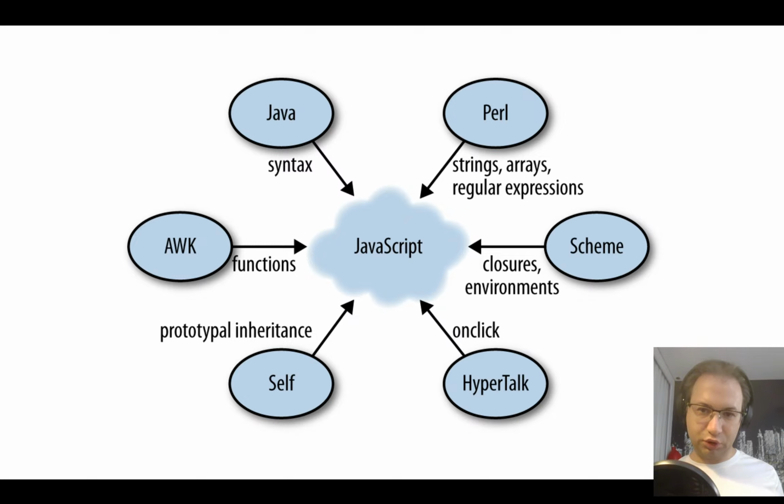Scheme is a functional language, very similar to Lisp, and the language took closures, which are lambdas, and some environments. Initially it was planned as a functional language, but then they saw that it's not a very popular paradigm. It was the 90s, right? And functional programming wasn't as popular as it is today, and it was felt too marginal.